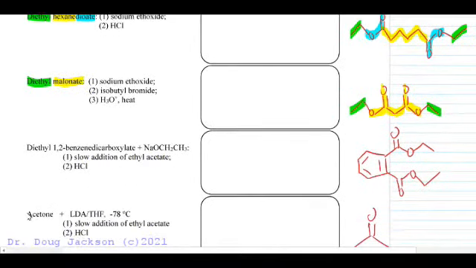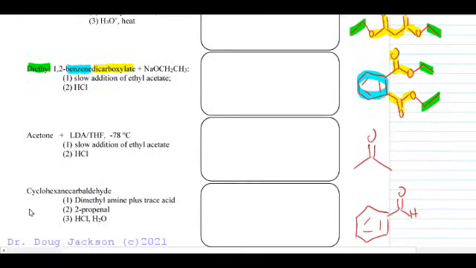Okay, diethyl benzene dicarboxylate. So we've got benzene, the parent chain here. We've got dicarboxylate. That would be the 1,2 substitution pattern that we see. And then when we add ethyl groups to those, we get a diester. Okay, so again, diethyl here.